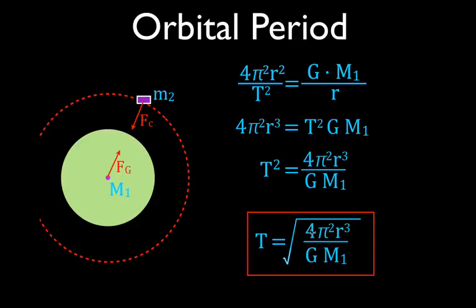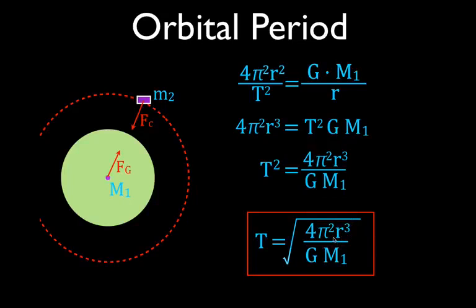It's really just dependent on, this is a constant, 4, so to speak. This is pi, it's also squared, constant. The radius, of course, and this is a constant, and then this is M1, the mass of the central object. But usually we have a fixed central mass, and we talk about the period based on the radius, the distance the object is away.